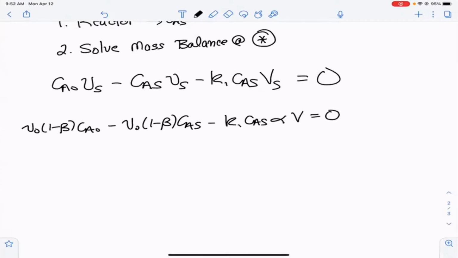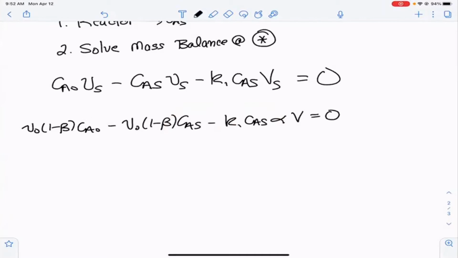So now we have our mass balance in terms of these two parameters, alpha and beta, which is what we wanted. Now, what we actually want to solve for here is CAS. So let's group those terms. It's one of the nice things about an algebraic expression like this for a CSTR; it's fairly straightforward to do.